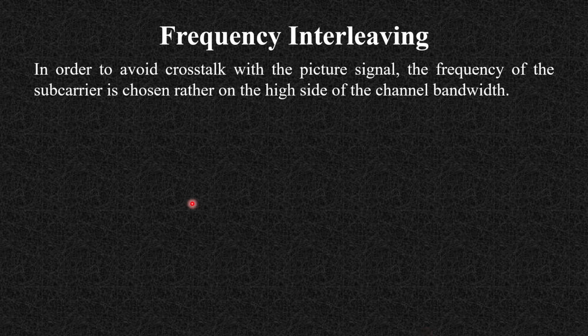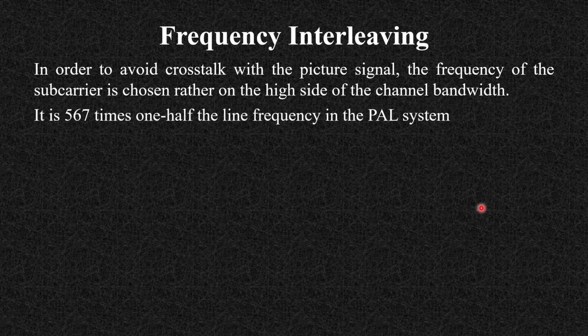To avoid the crosstalk between the luminance and the chrominance signal, the frequency of the subcarrier is chosen on the high side of the channel bandwidth, close to 5 megahertz and above 3.5 megahertz.